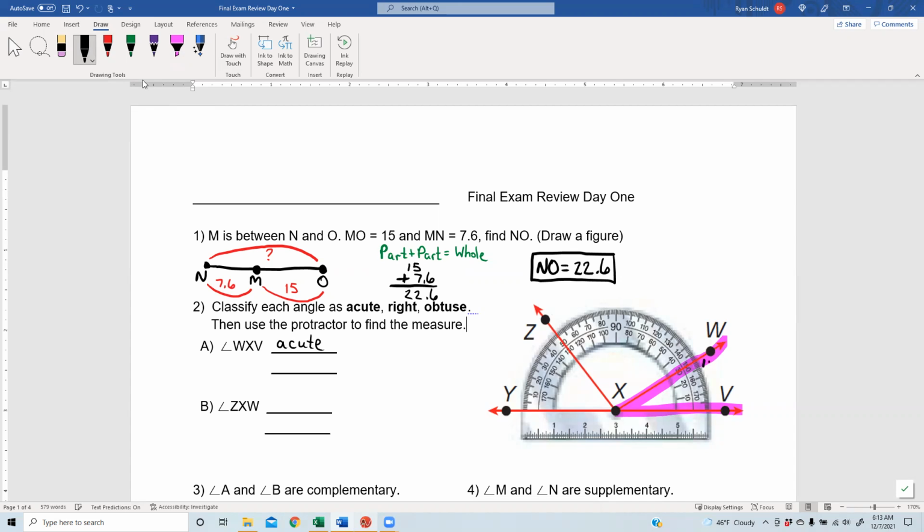We can say it's 110, or we can say it's 30. Well, we just said the angle was acute. So I wouldn't want to say 110. 110 would be obtuse, which means we've got to go with 30 degrees.